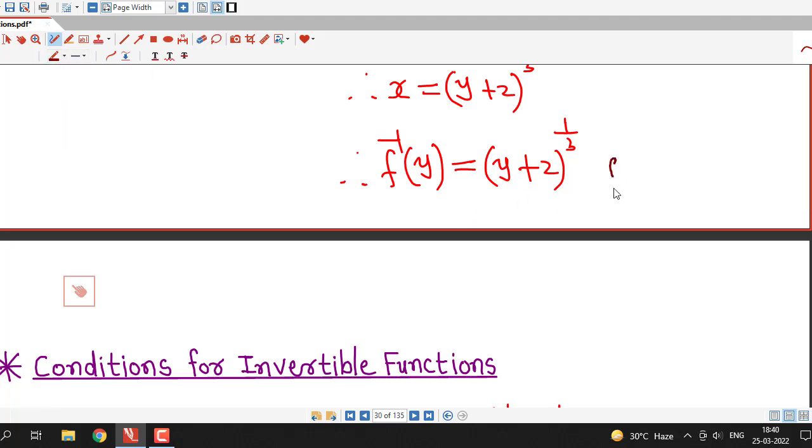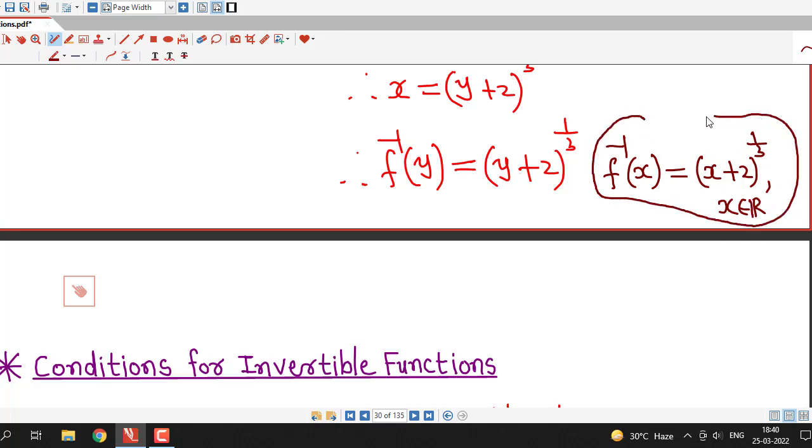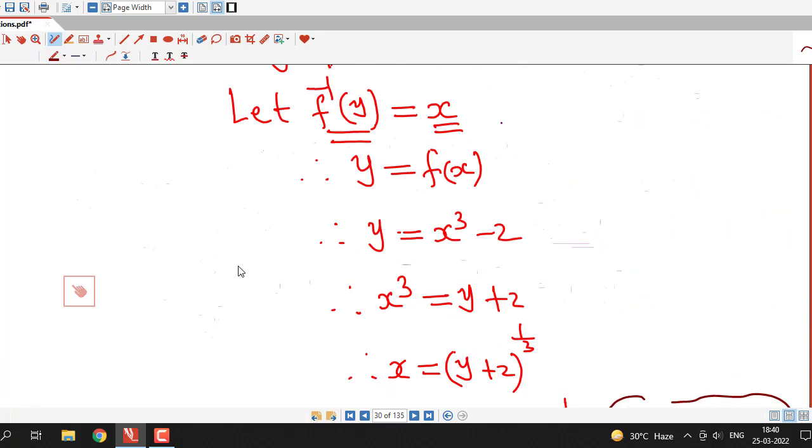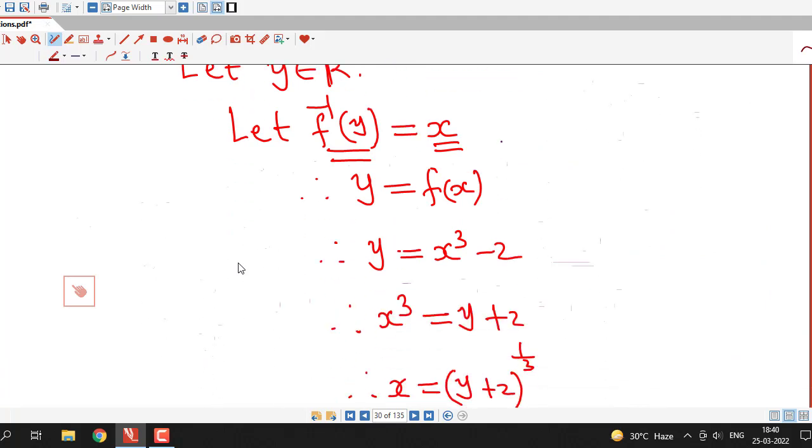If we wish, we can change the variable y to x also. f inverse x is given by (x plus 2) raised to 1 by 3, x belongs to R. f inverse is a function from R to R. So in this way we can easily find the inverse of a function.